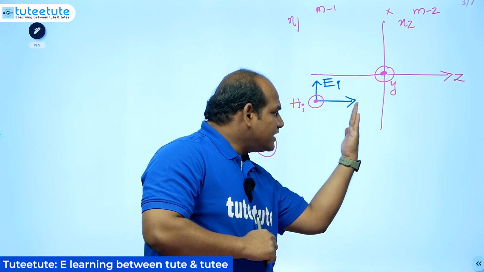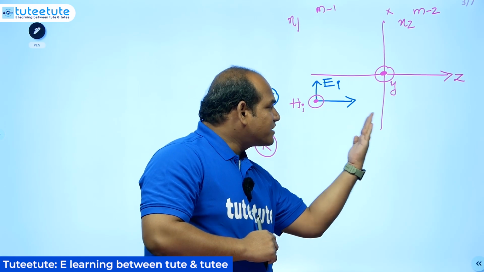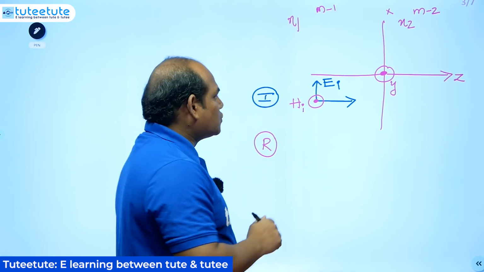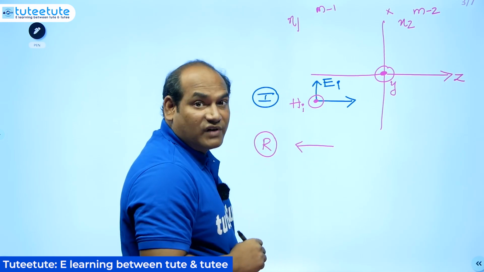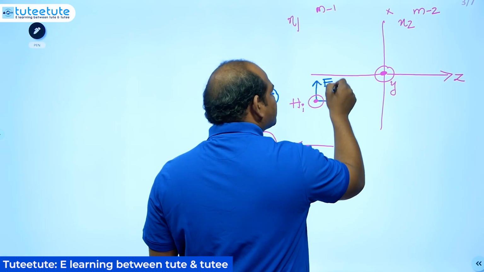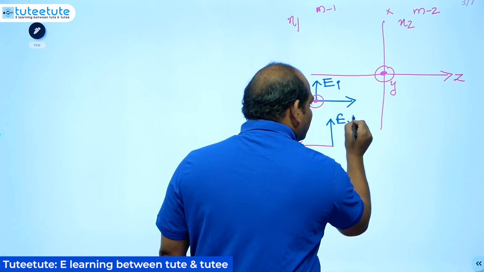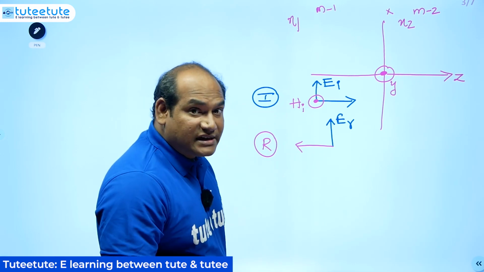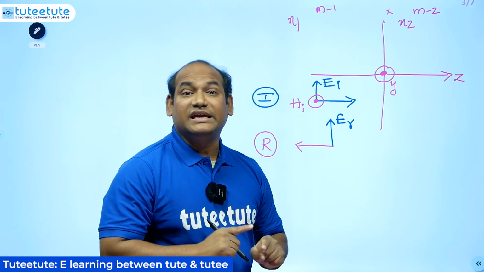That means it is entering medium 1 only. It is traveling in medium 1 only, but in the opposite direction to the incident wave. So this is the direction representation of the reflected wave. And we will assume that there is no change in the orientation of the electric field. So this is the reflected electric field. For the reflected signal, whatever electric field is there, we are representing with E_r.